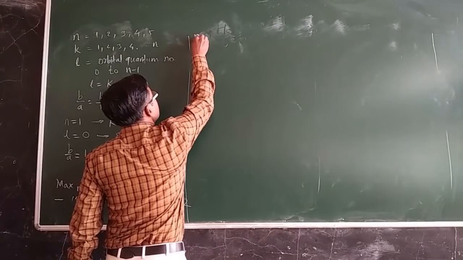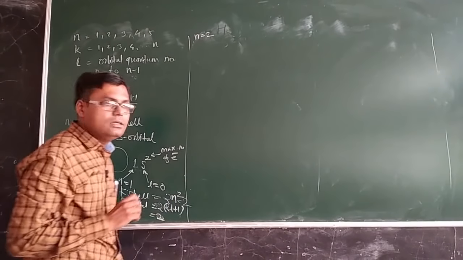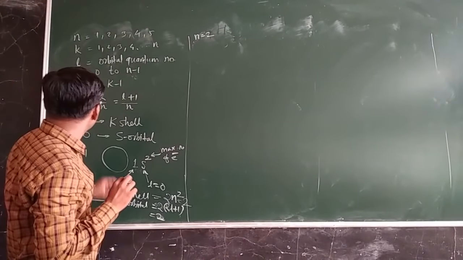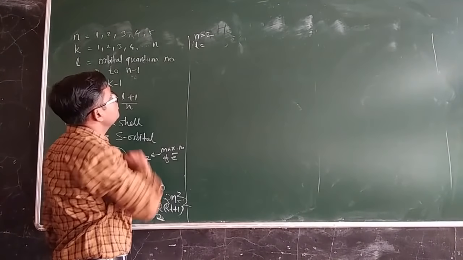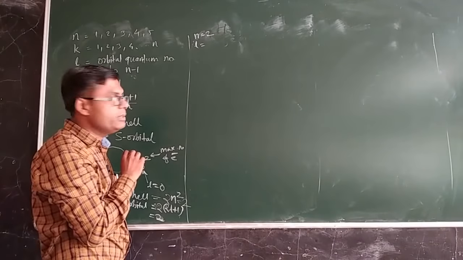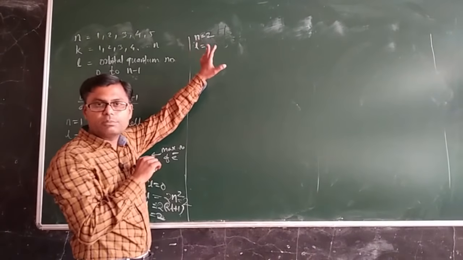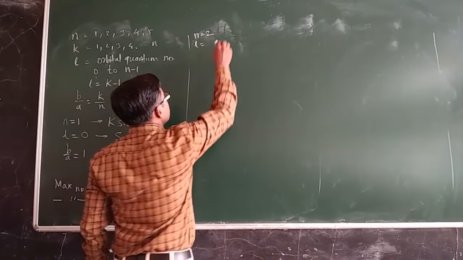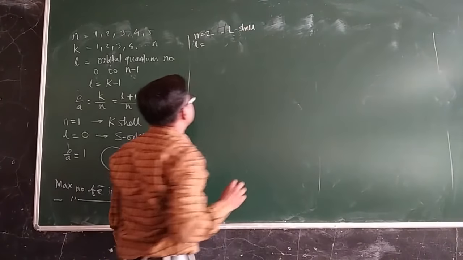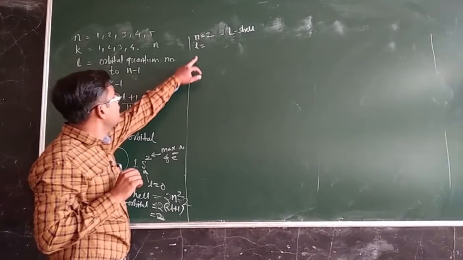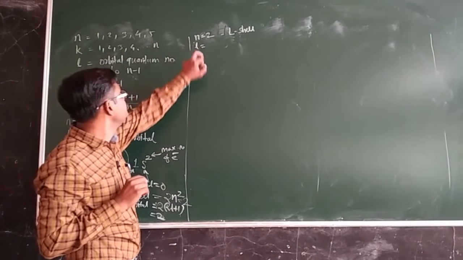What if n is equal to 2? If n is equal to 2, what will be the name of that orbit? We know that it is the second orbit, and it is called L shell. Now what are the allowed values for L?